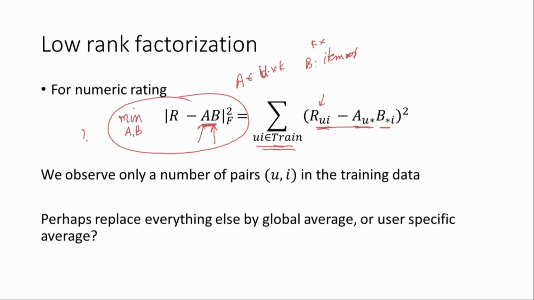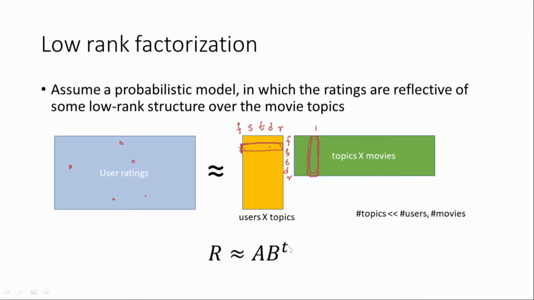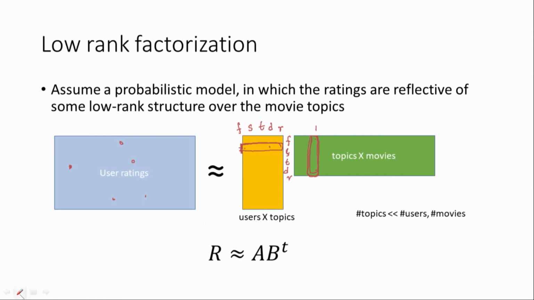Supposing A is user by K, B is K by item, what is the rank of the matrix AB? No, rank, not the size. The rank of the matrix AB is at most K, right?